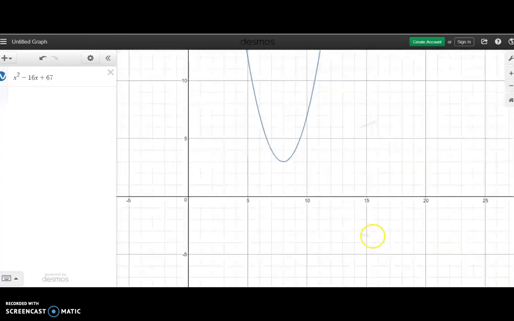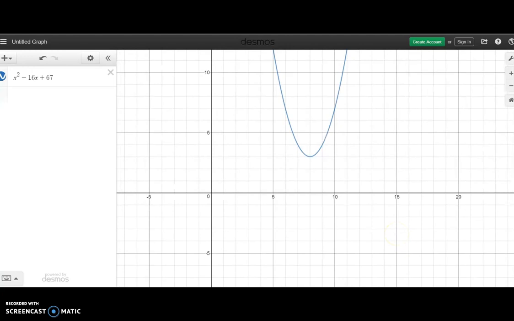But if I look at the range, I can see that the range is going to be from 3 to plus infinity.